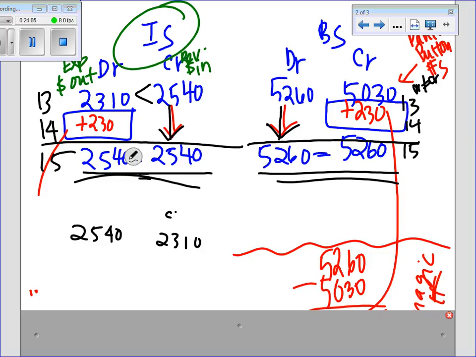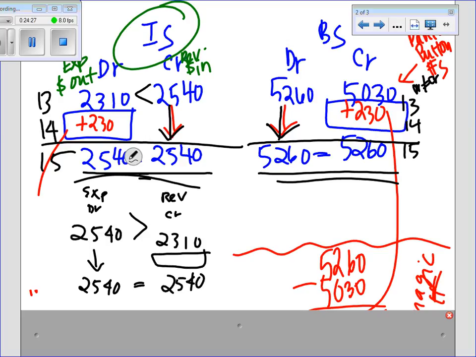So this is the credit, this is the debit, this is expense, this is revenue. When our expenses are larger than revenue, what do we have? A loss. We'd still extend down that large number, 2,540. We're trying to get this to equal 2,540. We'd still have that 230 there, but that's a loss.